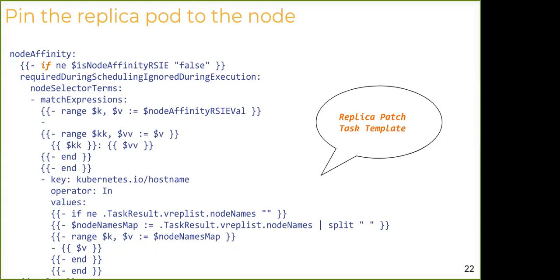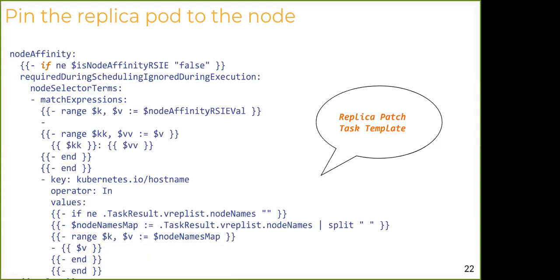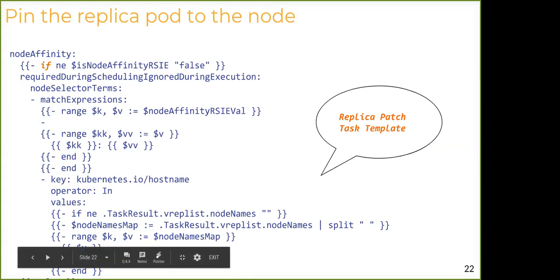Going to the details of the patch, it will patch these particular settings, which are nothing but node affinity with node selector, like matches. If you see the second half of this YAML, it talks about something called Kubernetes hostname with a particular value.